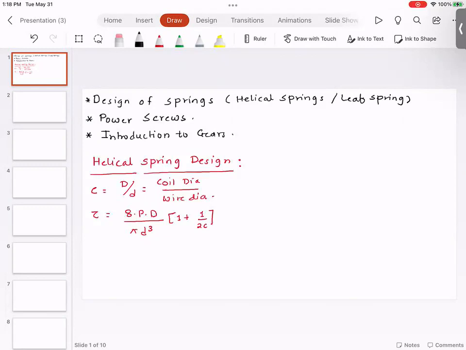And this equation comes from mechanics of material, where we perform 2D analysis.